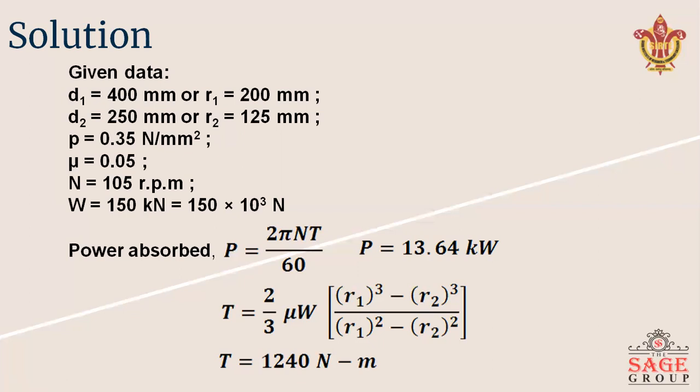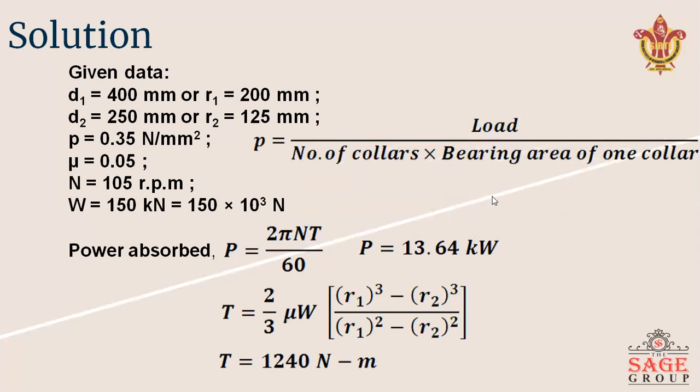Now we have to calculate the number of collars required. We use the formula: intensity of pressure P equals W upon N times pi (R1 square minus R2 square). That means the intensity of pressure equals load upon the number of collars times the bearing area of one collar.